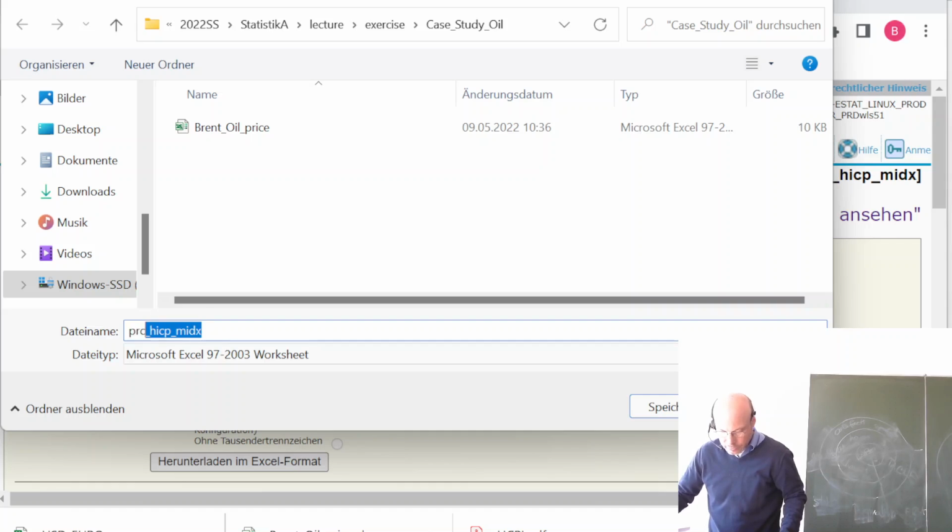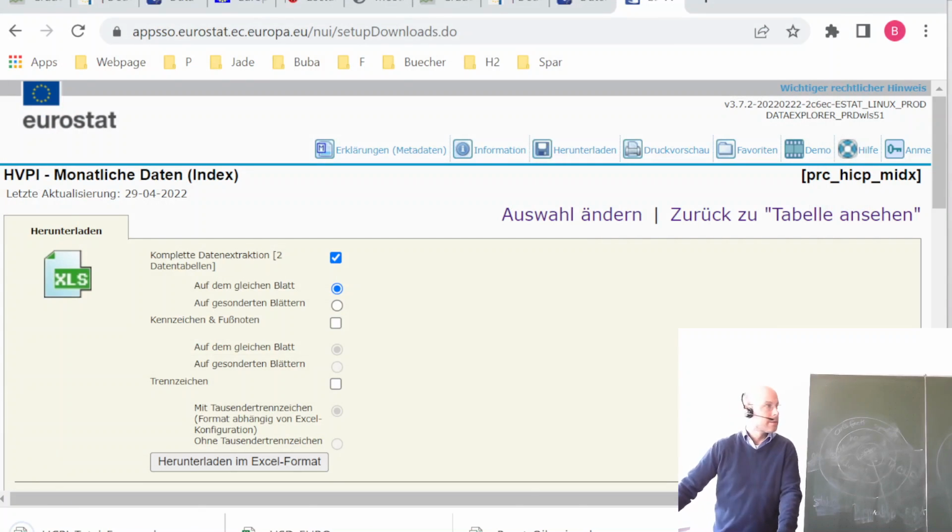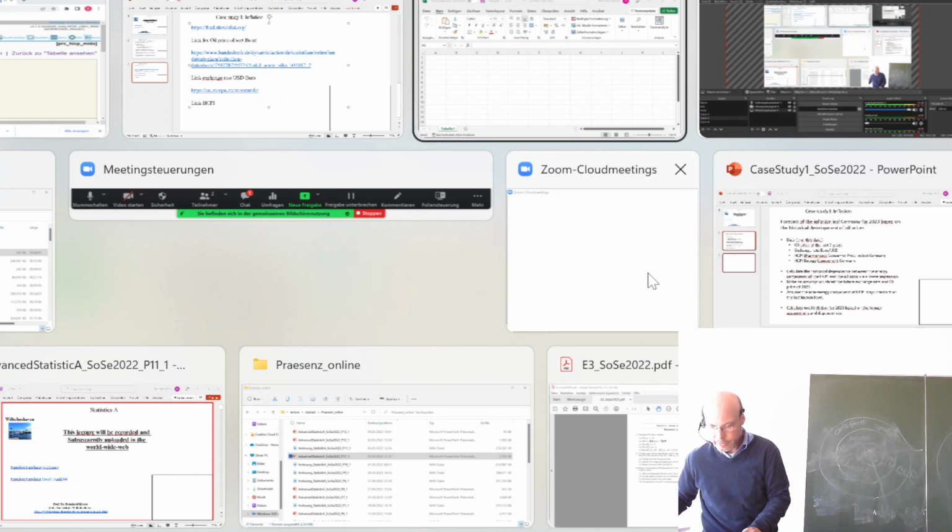And this is HCPI total and energy. So, and now we have all our data.